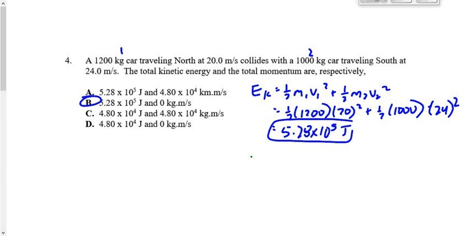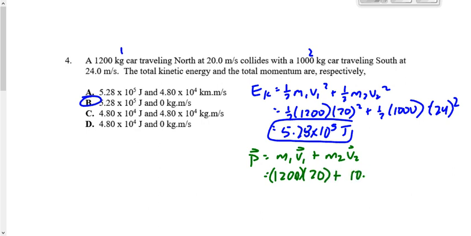We're going to say m1v1 plus m2v2: 1200 times 20 plus 1000 times 24. That should give me 4.8 times 10 to the 4.